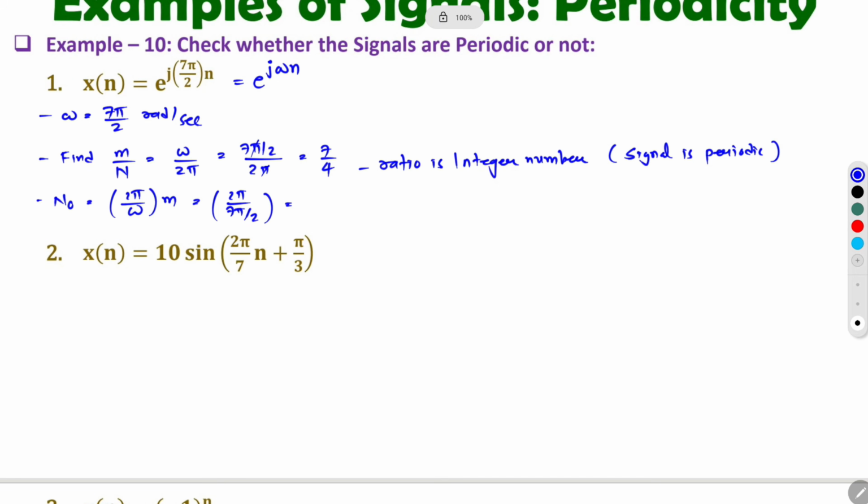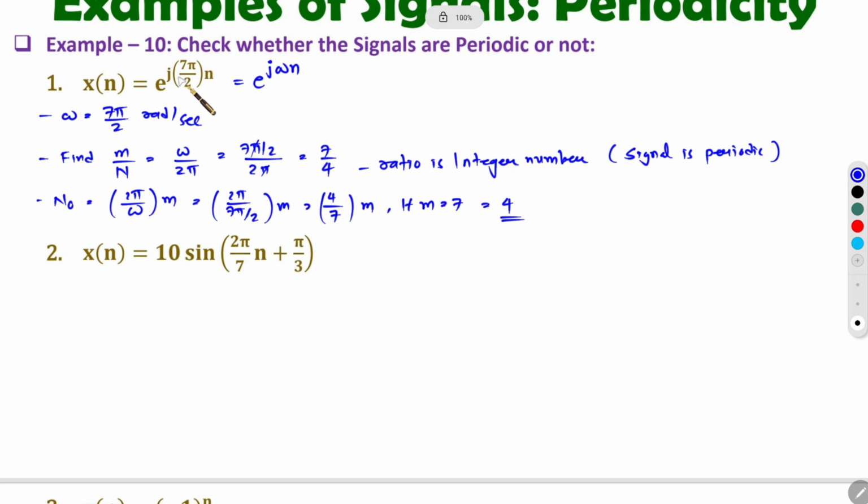We have 4 by 7 into m, that you don't need to forget. Right. So 4 by 7 into m. Now to have this as integer number, what should be the smallest value of m? If we have m that is 7, then we will be having N naught is equals to 4. So this 4 is fundamental period, means after 4 samples, given signal will be repeated over here.